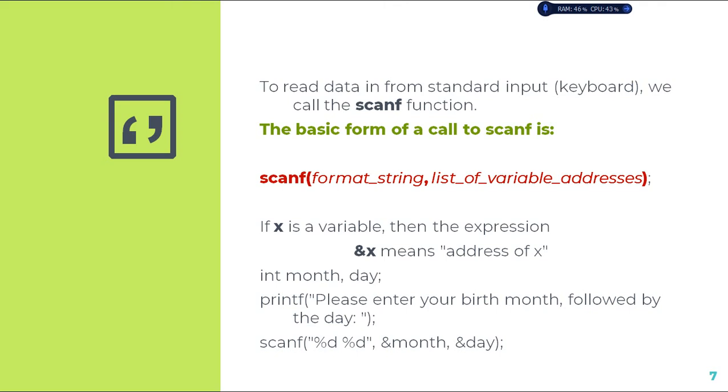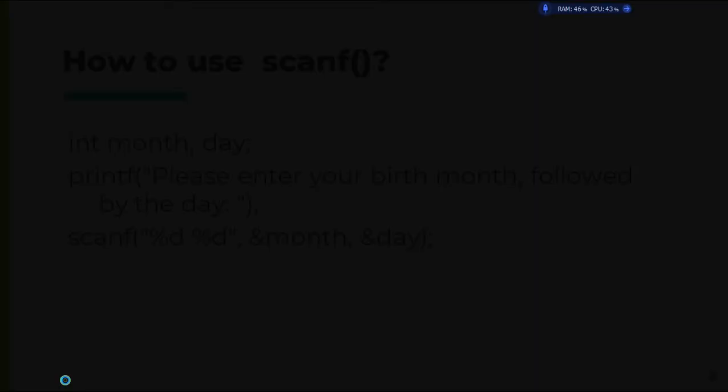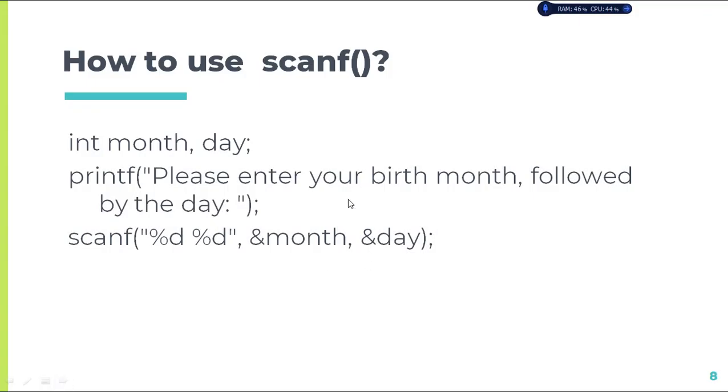You just provide the address: &month, &day. In this way you can read the content from your keyboard. See how the scanf statement is used: %d %d, &month and &day. So this is about formatted input and output statements.